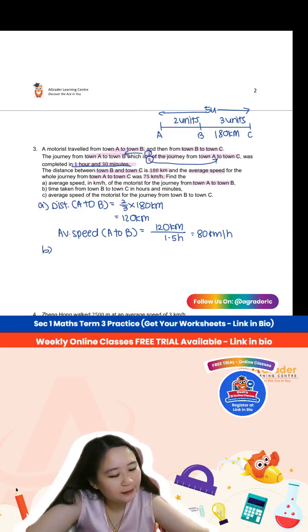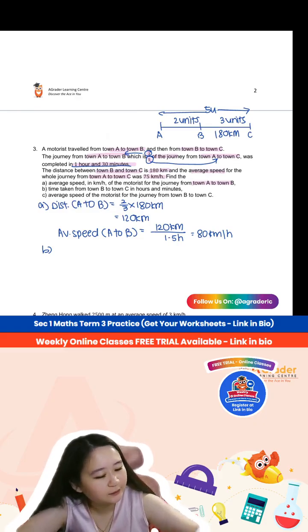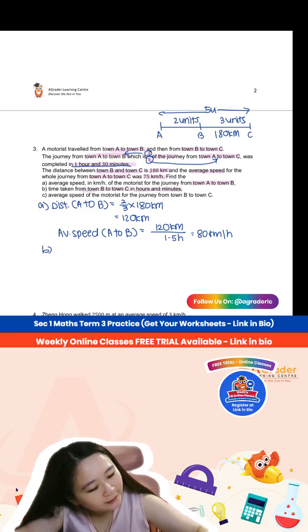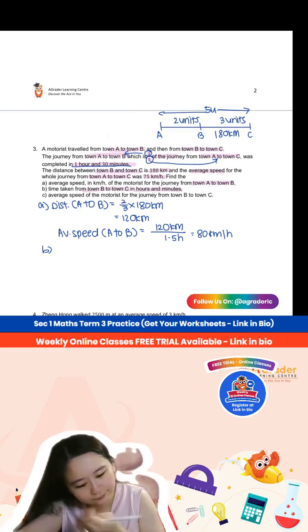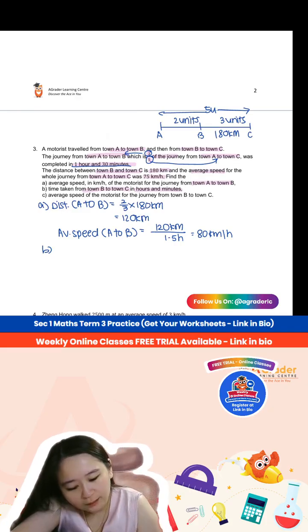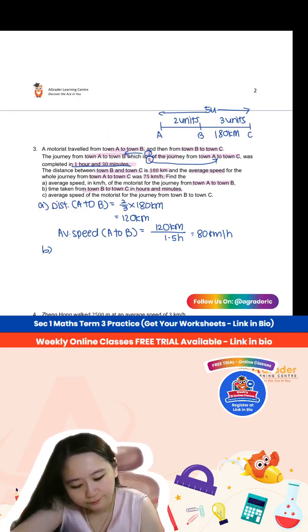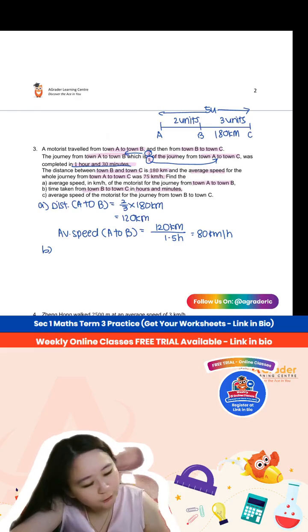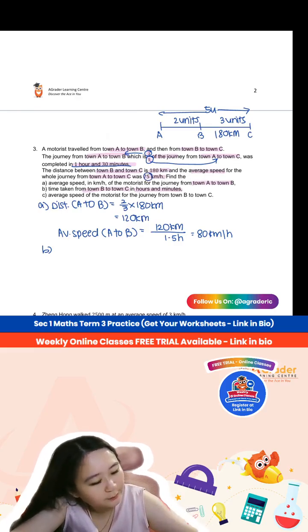Okay, part B. Time taken from town B to C in hours and minutes. Okay, we have the average speed of the whole journey, 75 km per hour.